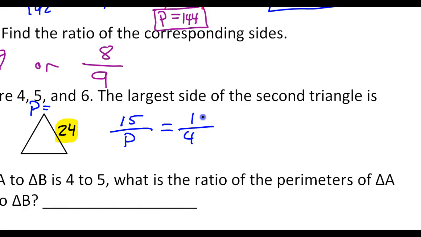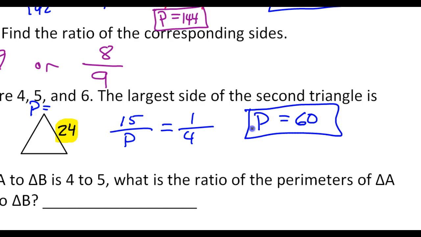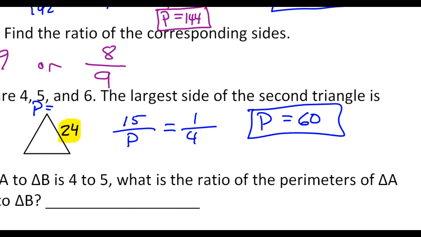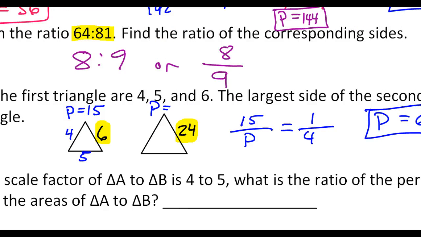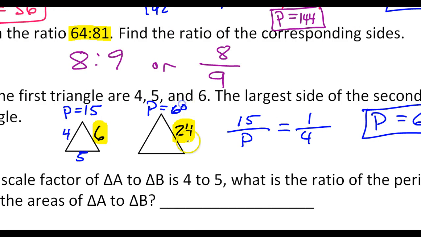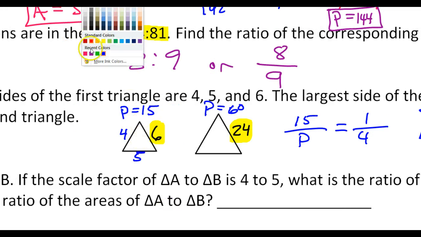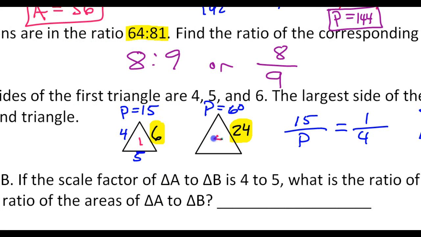But if I cross multiply, 1 times P is P, and 4 times 15 is 60. So the perimeter of the large triangle will be 60. All right, and it makes sense because a scale factor of 1 to 4 means that these lengths are 4 times as big. So I could just multiply 15 times 4, really.